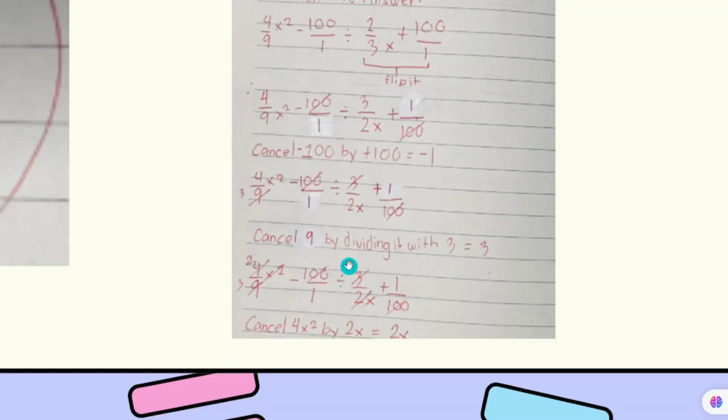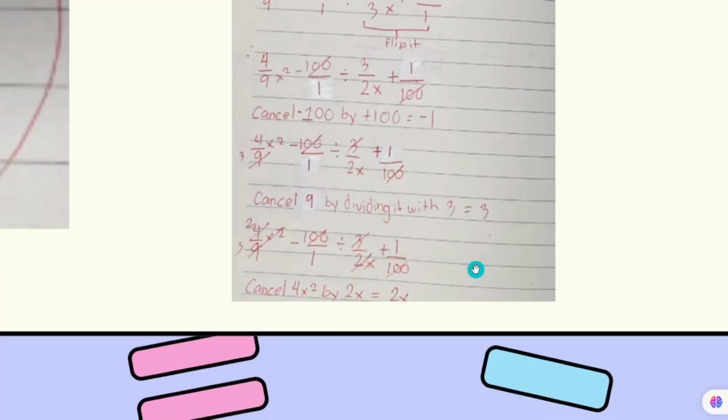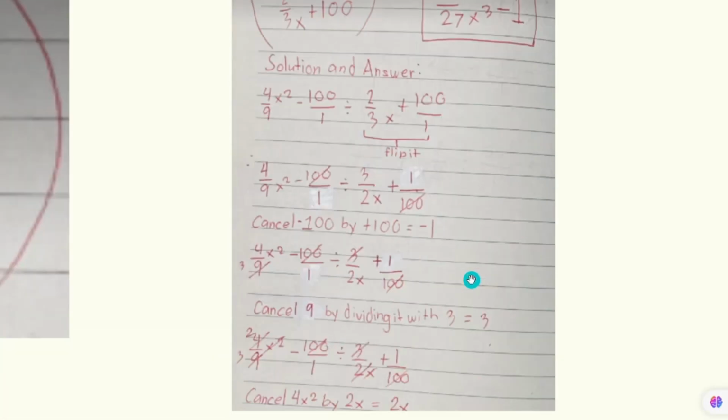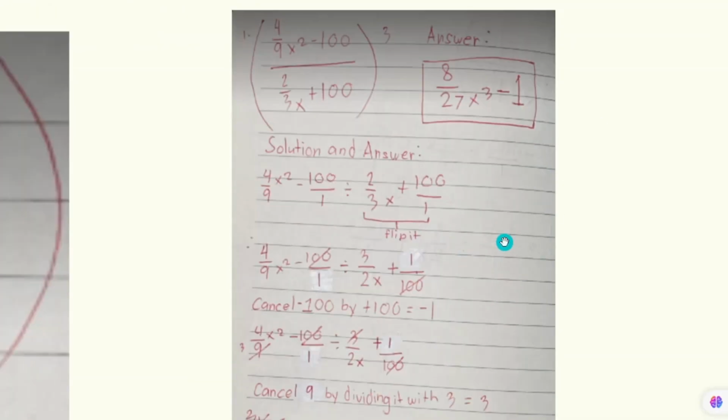So we cancel 9 by dividing it with 3. And next, she cancelled 4x squared by 2x, which is equivalent to 2x. So this is how we get this answer.